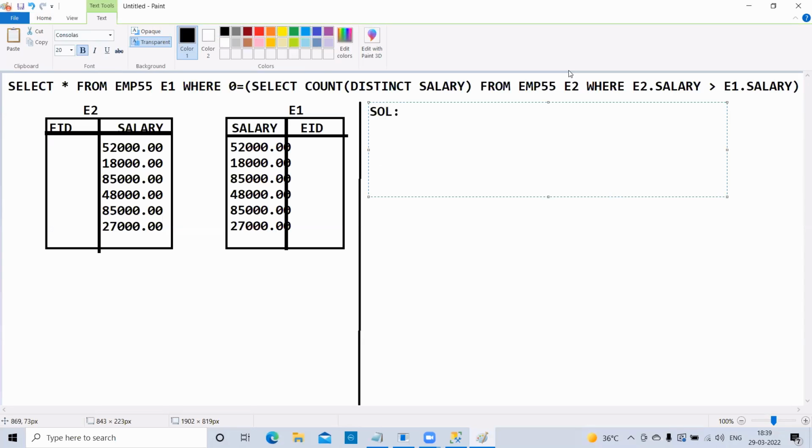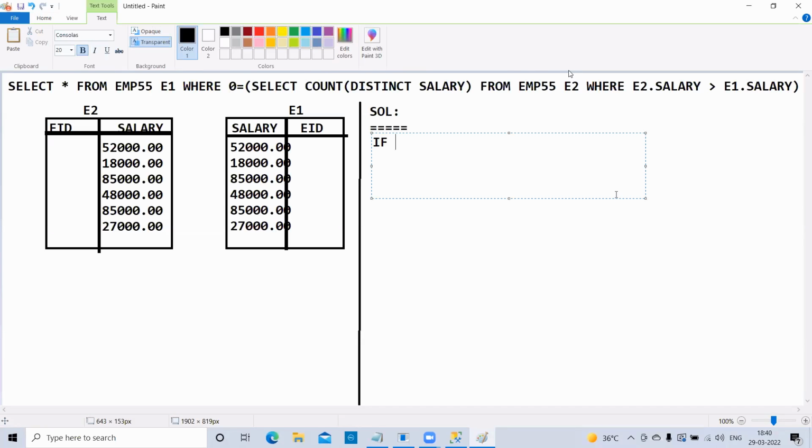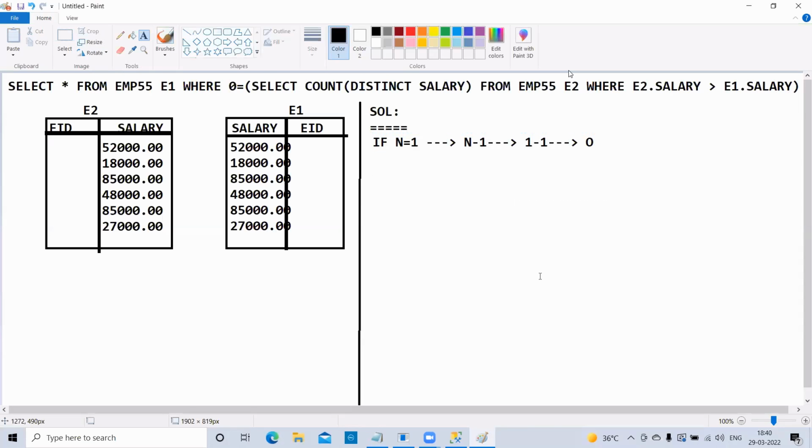So suppose if I'm passing here the 0, how it came means if n is equal to 1, because I need to find out the first highest, and my formula is n minus 1, and we apply the n value 1 minus 1, and finally 0. The 0 came like this as per your n minus 1.